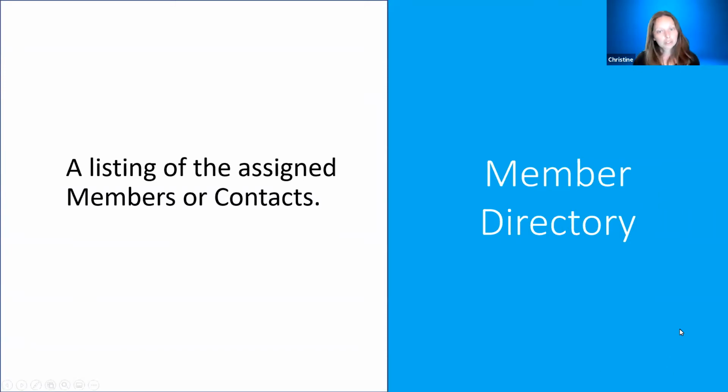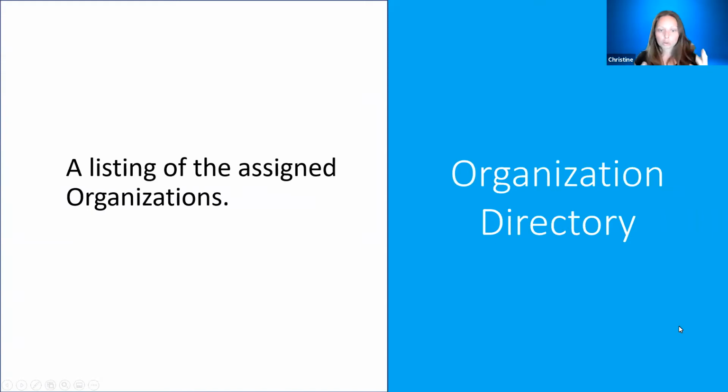The other type of directory you can make is an organization or group directory. This is for only the organizations that you've assigned based off of the membership or contact demographic. So there are two ways to make people or organizations visible in a directory, and that's by using the membership category or a contact demographic.